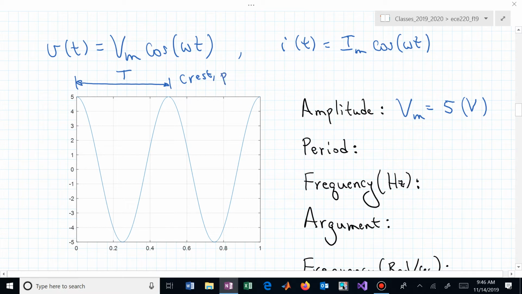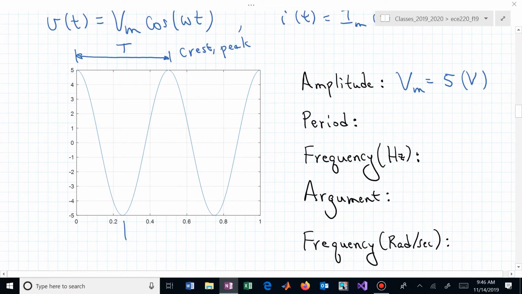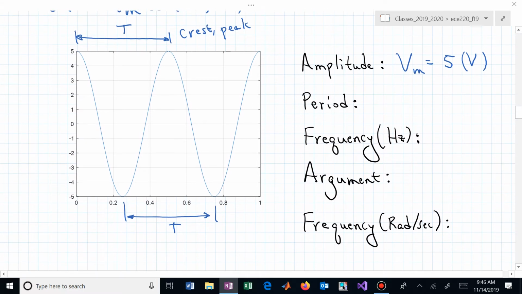Or you could say peak to peak. Or you could go from trough to trough and find it's going to be the same, or from valley to valley. That's the same period. So our period T is in seconds.